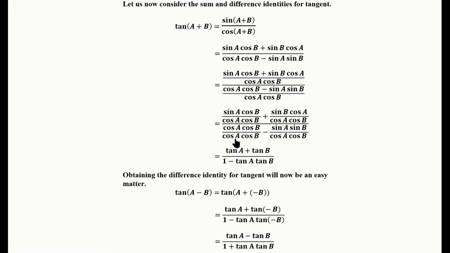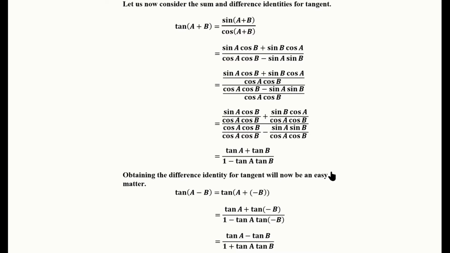Downstairs, notice these two expressions cancel out completely, leaving us 1 minus sine a over cosine a, which gives us the tangent a here, and sine b over cosine b, which gives us the tangent b there. So we get this nice expression for the tangent of a plus b, which is tan a plus tan b over 1 minus tan a times tan b, which is also really nice because we have only tangents in the expression.